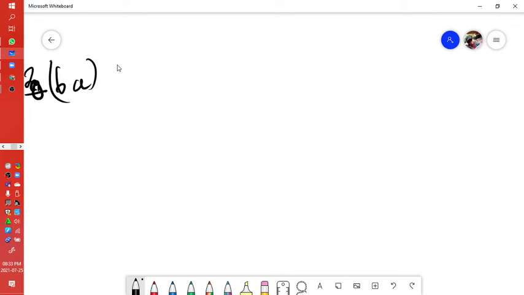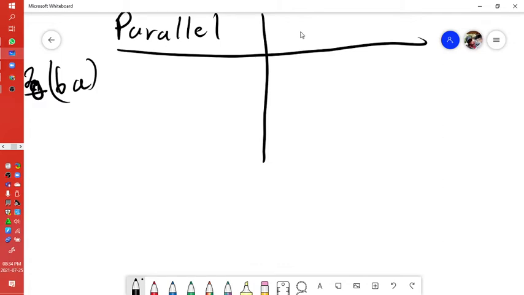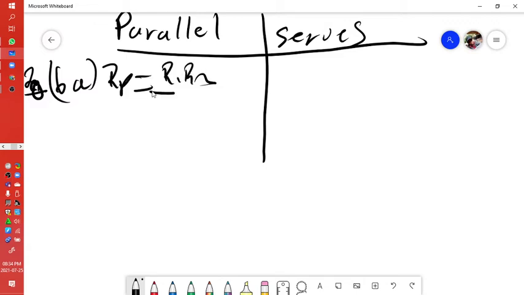Last week I drew a table for you, and lucky for you, this week I am recording the class, so you can go back and check what we are doing. Last week I showed you something about parallel and series. So in parallel, when you calculate the resistors, if there are 2, you have Rp equals R1 multiplied by R2 over R1 plus R2.